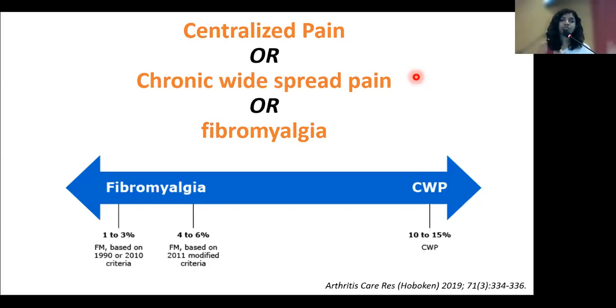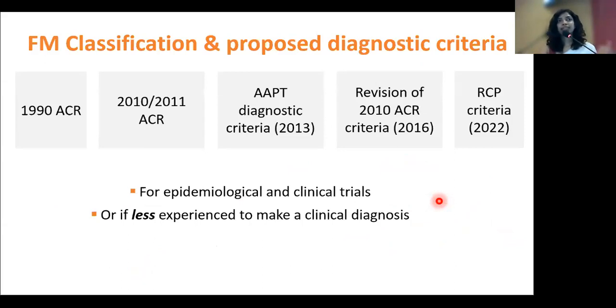If you use strict criteria for fibromyalgia, they all have chronic widespread pain, and you label them as fibromyalgia. And if you use just chronic widespread pain, you will have people who fall into the category of fibromyalgia as well. So these classification criteria, you must remember, are mainly for epidemiological studies and trials. And if you are not experienced enough to pick these up clinically, yes, they can be used.